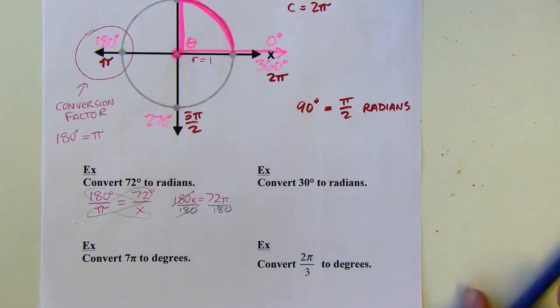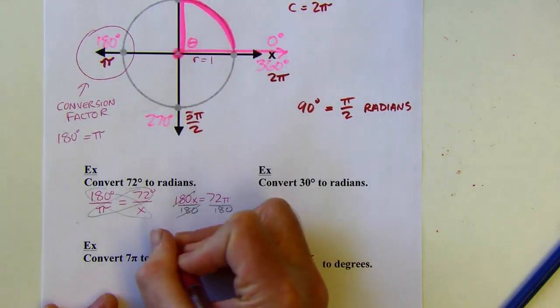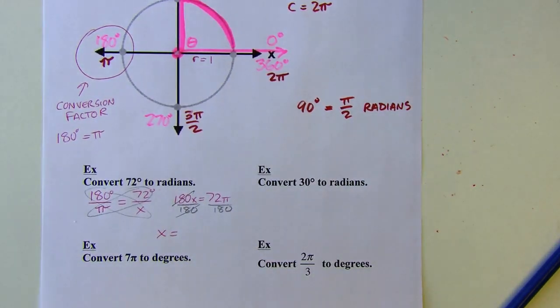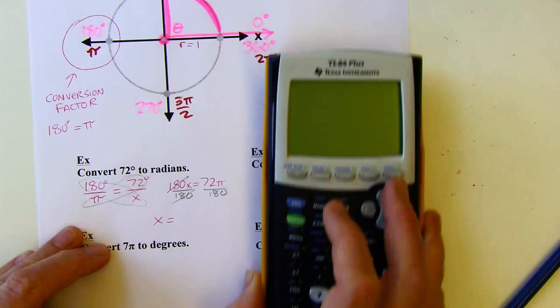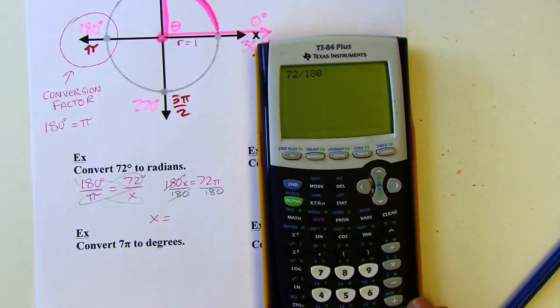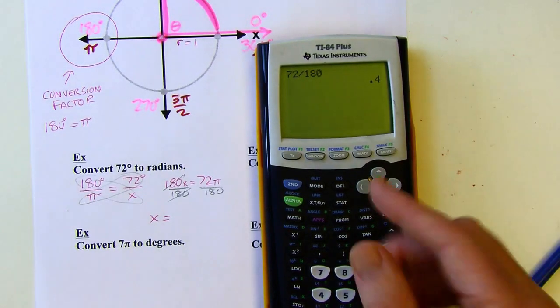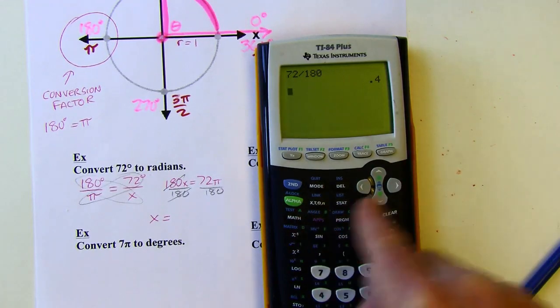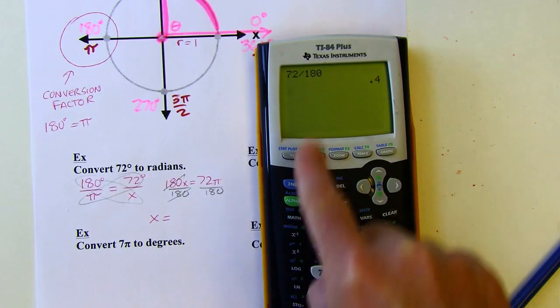So those 180s cancel. And then I still want to reduce 72 over 180. You could do that by hand, but just a quick refresher, since there's going to be a lot of reducing, if you put that in one of these calculators, that's 0.4, which I know is 4/10, which is 2/5. But let's say I didn't know it was 2/5.